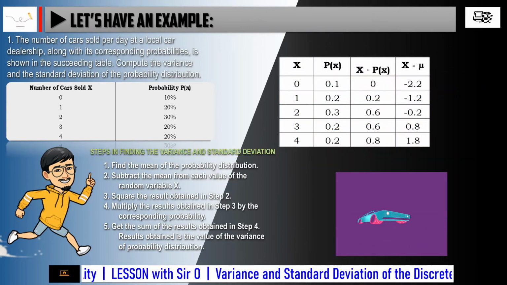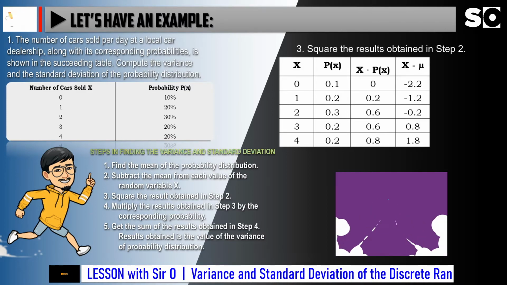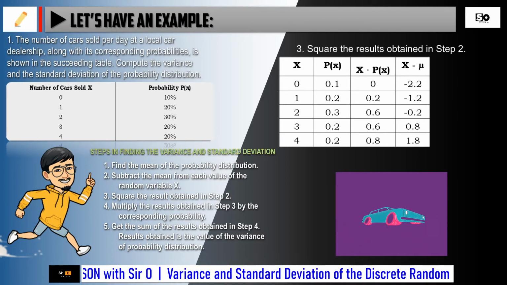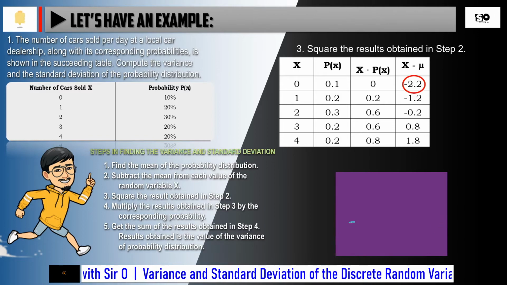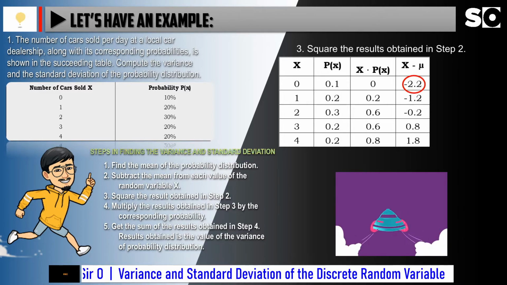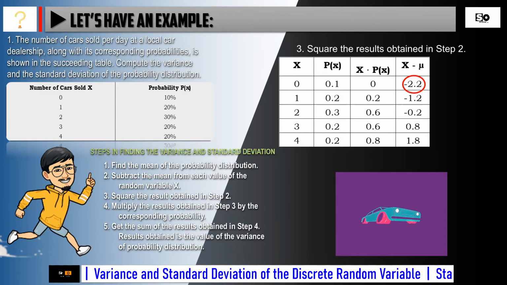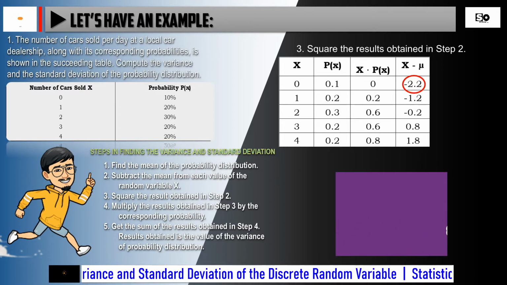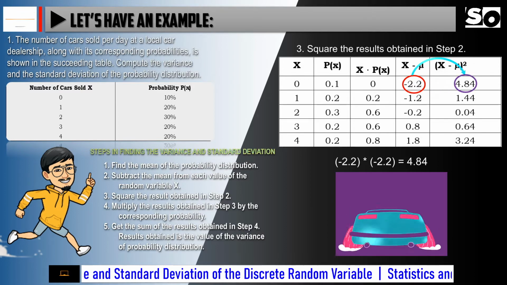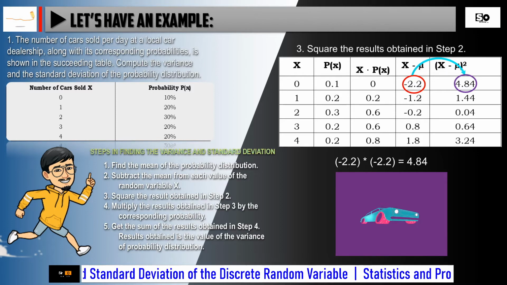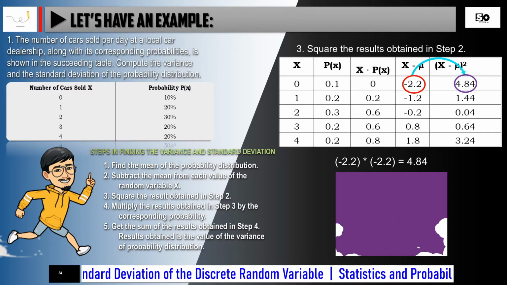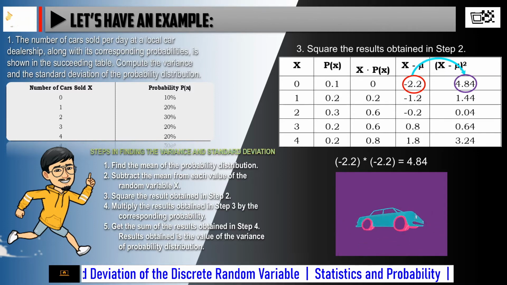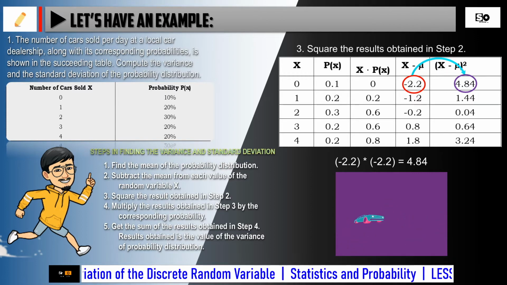Now, let's proceed to step number 3. Square the results obtained in step 2. So we're going to multiply the result obtained in step number 2 by itself: negative 2.2 multiplied by negative 2.2. So we have 4.84. Do this process on the succeeding values.